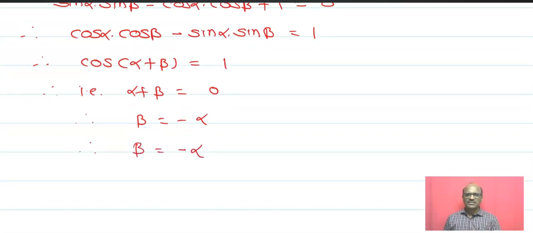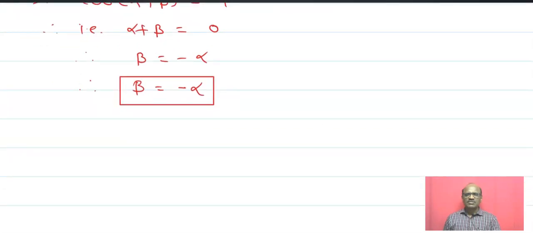Now this is very simple. Beta is equals to minus alpha. Now we'll substitute the value.